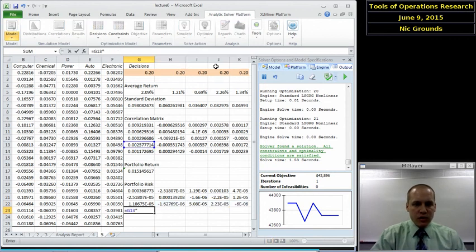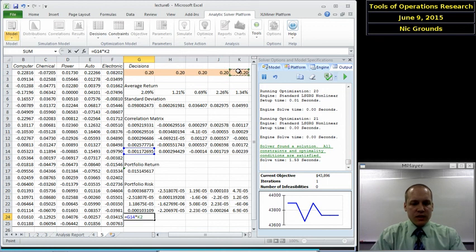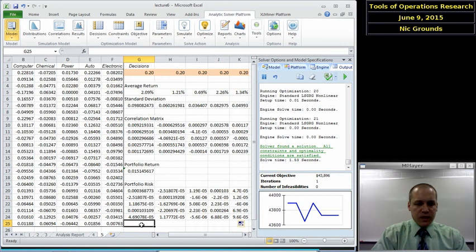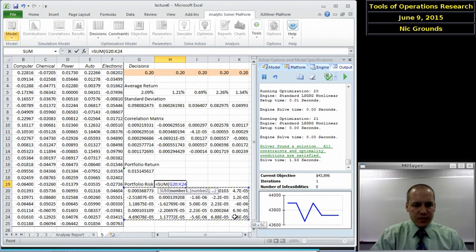Fourth row, fourth investment, held constant, multiplied by each proportion of each investment going through. And then finally, fifth row, fifth investment. That's absolute, multiplied by this. And then ultimately, the portfolio risk is the sum of these things.